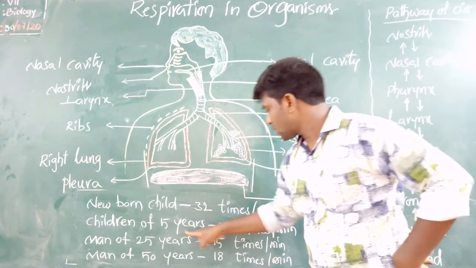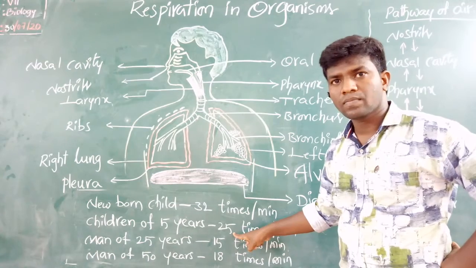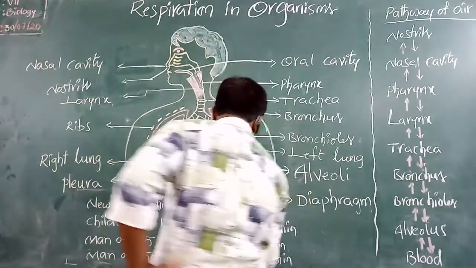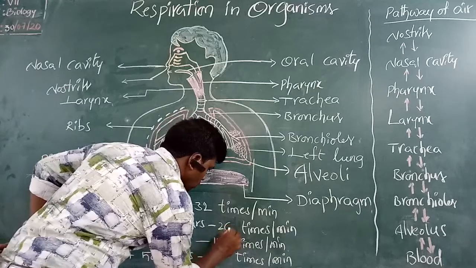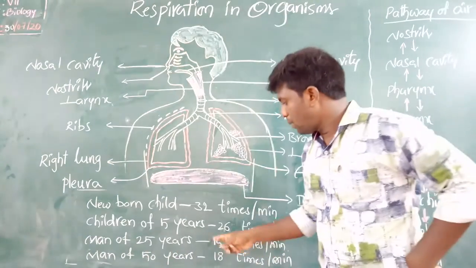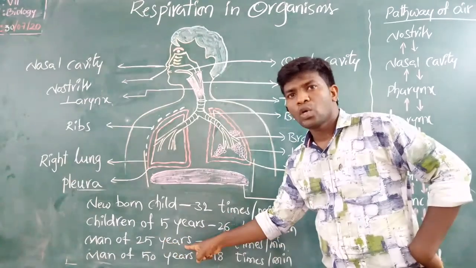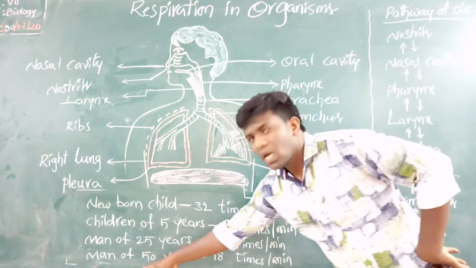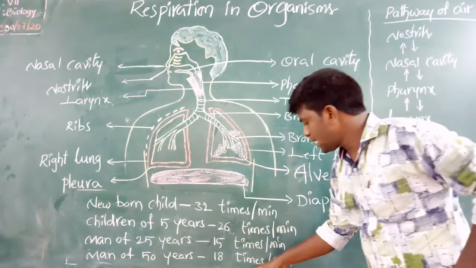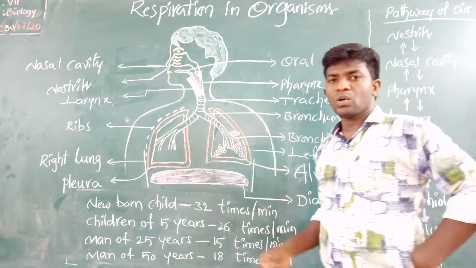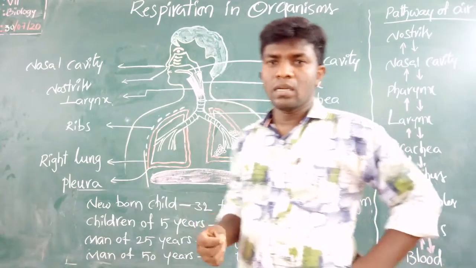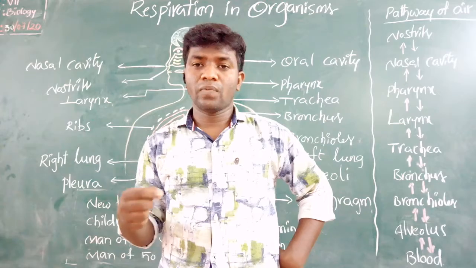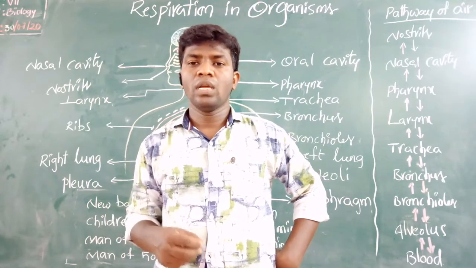Children of 5 years, 26 times per minute. Man of 25 years, 15 times per minute. Man of 50 years, 18 times per minute. So this is the respiration rate. The respiration rate is different in different age groups.